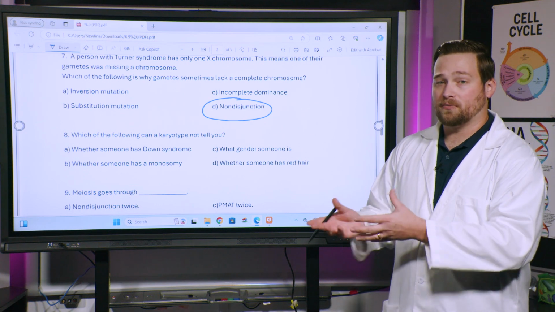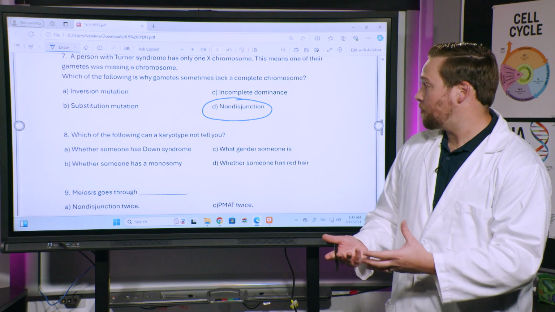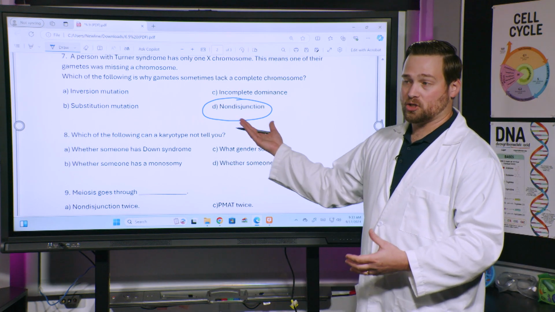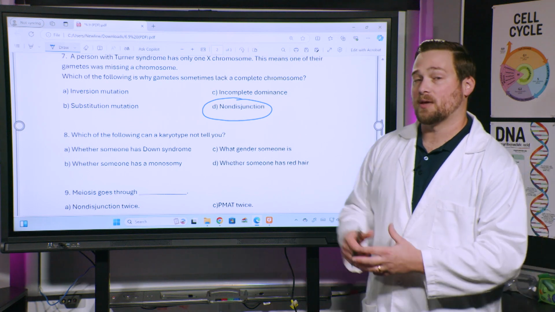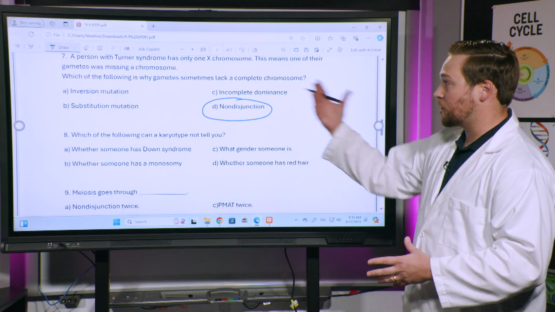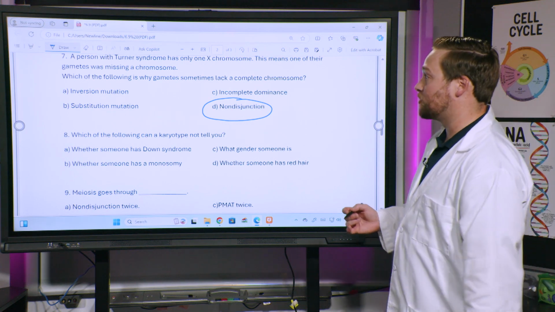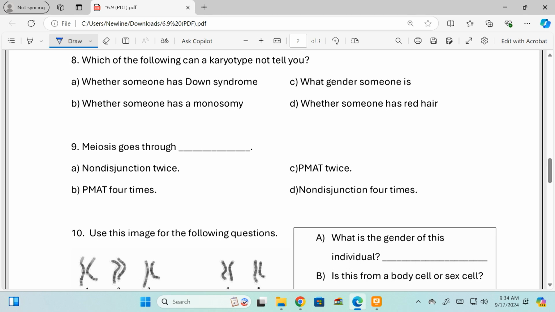Sometimes that cellular division and those chromosomes don't separate properly. When they don't separate properly, that's known as nondisjunction, and that makes our gametes not have the correct number of chromosomes. They might have too many or not enough. And so that's called nondisjunction, and that might lead to a person having Turner syndrome. Okay? So let's do 8 and 9 real quick.